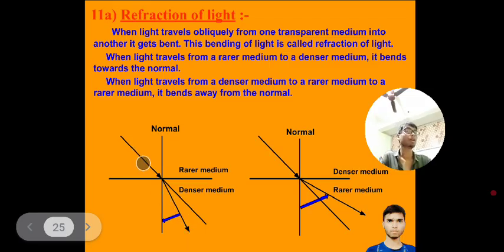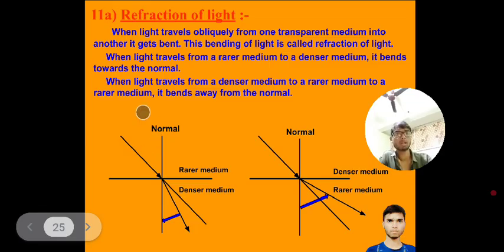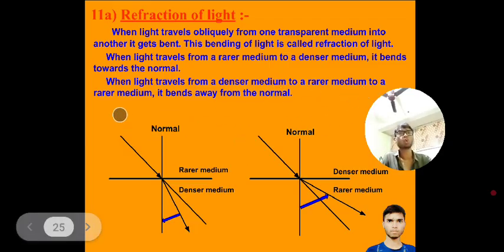Then it will bend towards the surface of the medium. When light travels from a rare medium to a denser medium, it bends towards the normal. When light travels from a denser medium to a rare medium, it bends away from the normal. So in other words, it is bending towards the surface of the medium.